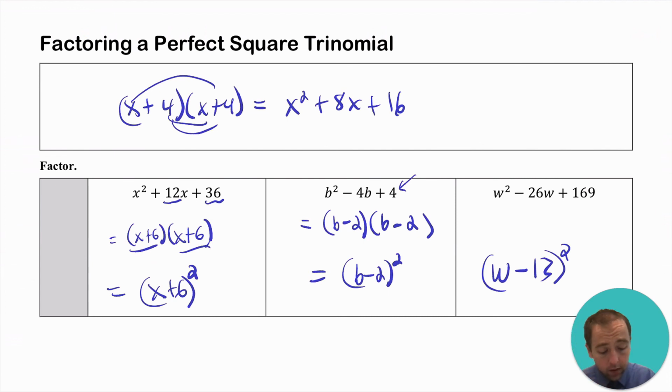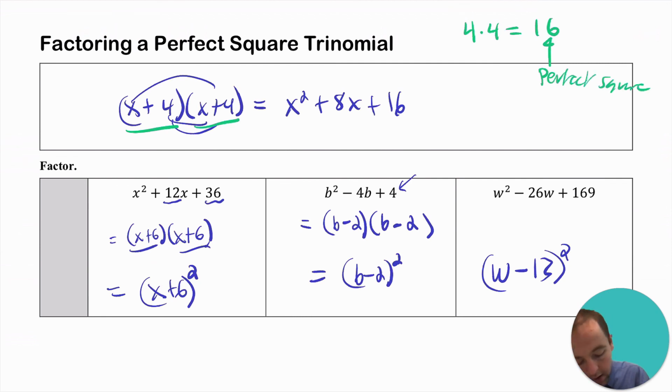So putting a little bit of terminology to this, you can see that whenever you take the same thing times the same thing, you actually get a perfect square. For example, when you do 4 times 4, you get 16, which we do call a perfect square.